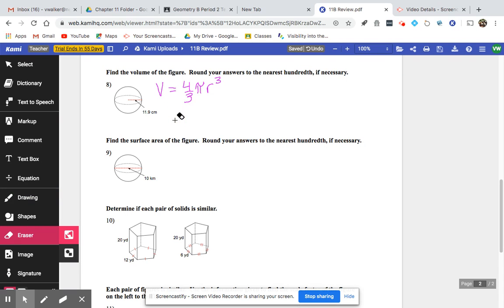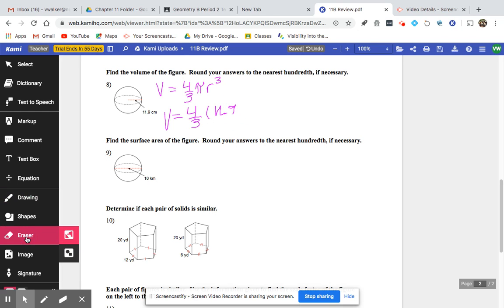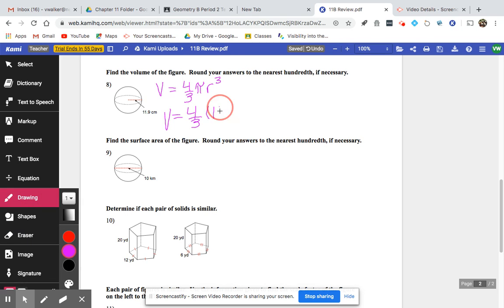I need to erase that because that didn't look very nice. There we go, 4/3 times the radius, 11.9, cubed, times pi. There we go.